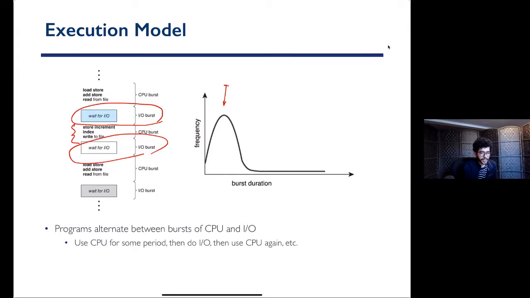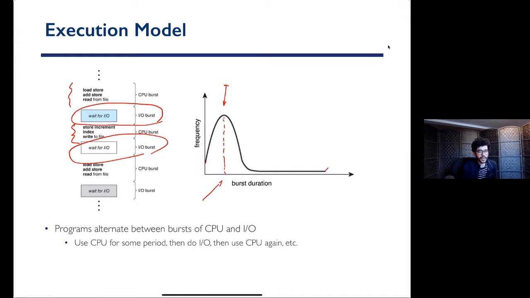So in this figure, if I explain it again, on the y-axis I have the frequency, and on the x-axis I have the burst duration, so how long each CPU burst takes. Usually, if you study your systems, you're going to have such a graph where the peak of the majority of your CPU bursts are going to be short.